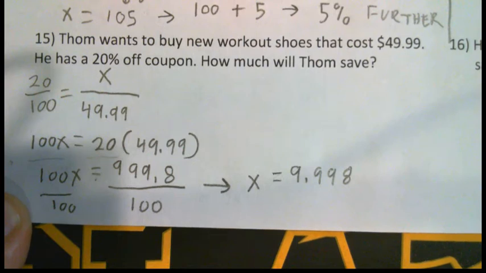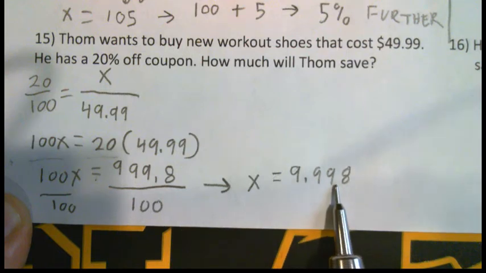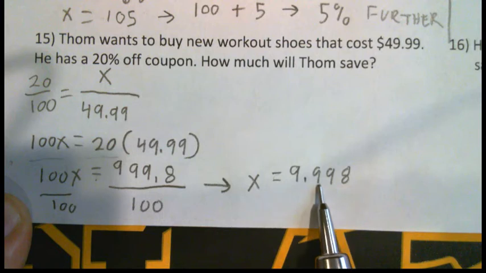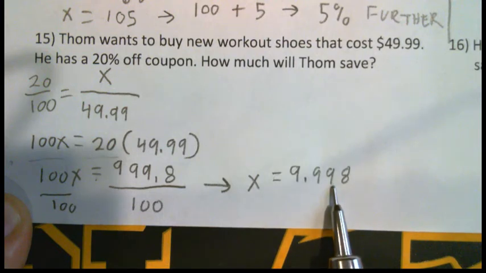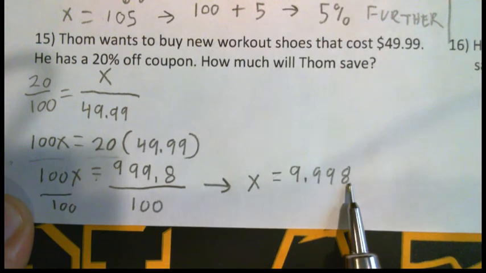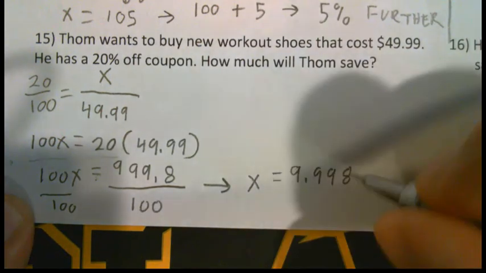Since we're talking about money here, we want to round this to the second decimal place. So we're rounding the second 9. We go to the number to the right to tell us how to round. Since the number to the right is 5 or larger, we're going to round up.